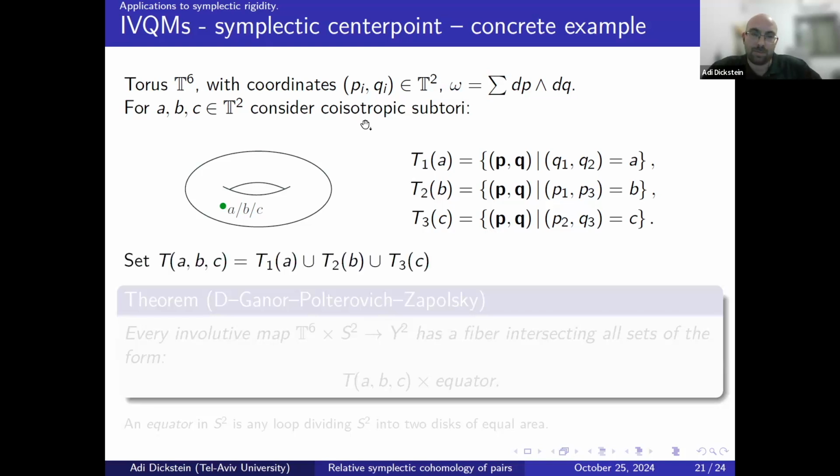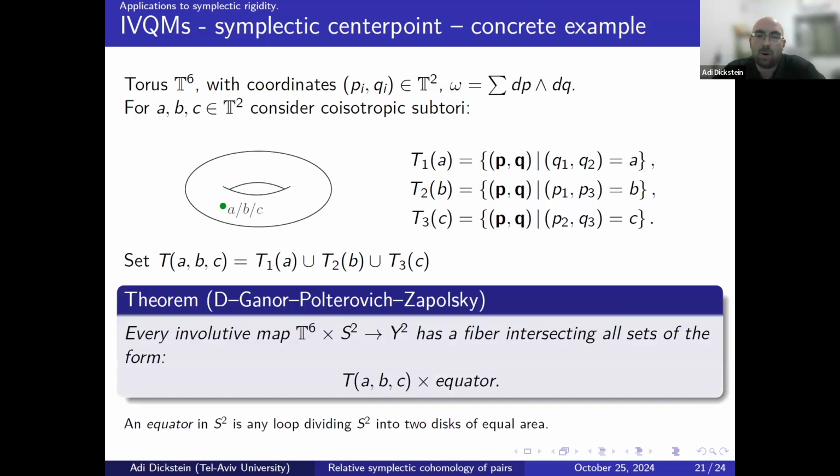Then we consider the union T of ABC to be the union of T1 of A, T2 of B, and T3 of C. What we proved is that given an involutive map on the 6-torus times S2 to any 2-dimensional surface, any such map has a fiber that intersects all the subsets of the following form: T of ABC times any equator.